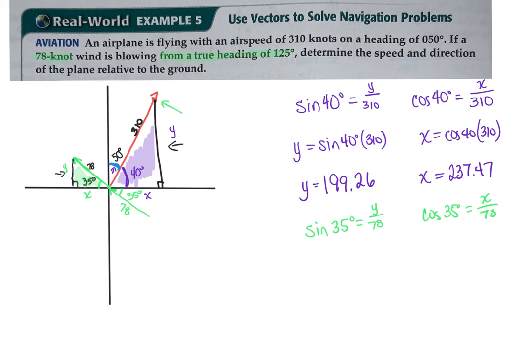Which means that my Y value over here is going to be sine of 35 times 78, and my X movement is going to be cosine of 35 times 78. Yes? All right. So we calculate that. So my Y value here is 44.74. And my X value is 63.89.